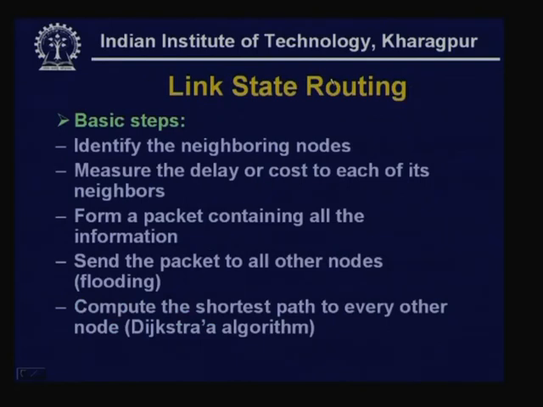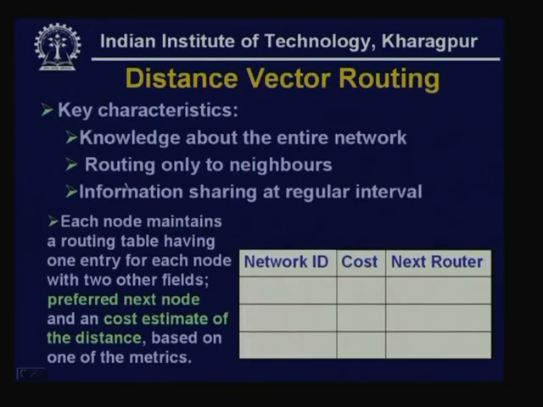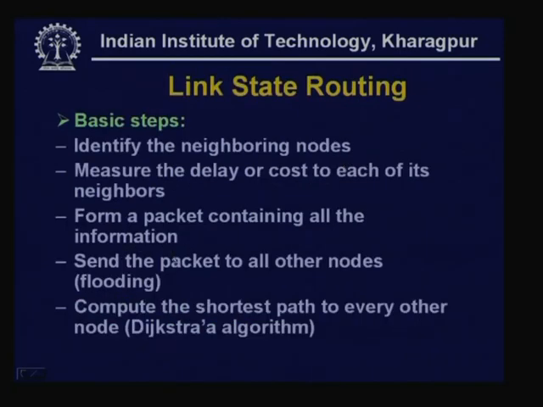On the other hand, here only the delay or cost to each of the neighbors is computed. Then form a packet containing all the information and send the packet to all other nodes. In the previous case, the information was sent only to the neighbors. Here the information is sent to all the nodes, and obviously it is done by flooding.